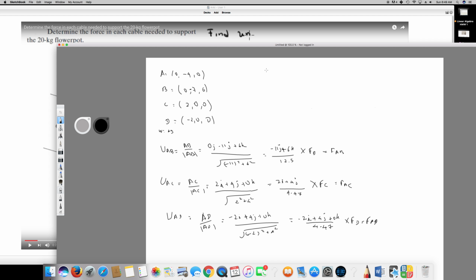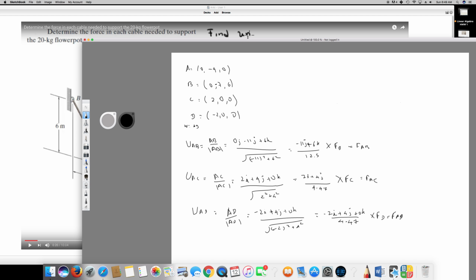To find the equilibrium, meaning what each force is, I have to use the equilibrium formula. If sigma F is equal to 0, then it's in equilibrium.